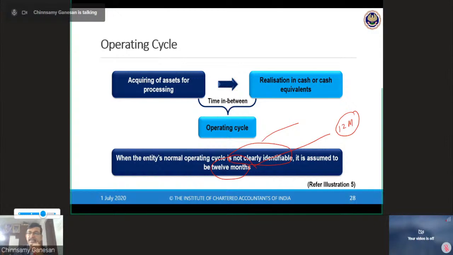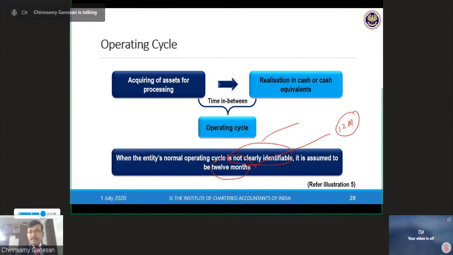And accordingly, there could be a possibility for the same entity which has manufacturing of cars and servicing of cars to have two different operating cycles. In that particular situation, the current and non-current classification will be dependent on which vertical it belongs to. For example, debtors relating to service industry will be defined as current asset or non-current asset based on that particular operating cycle.